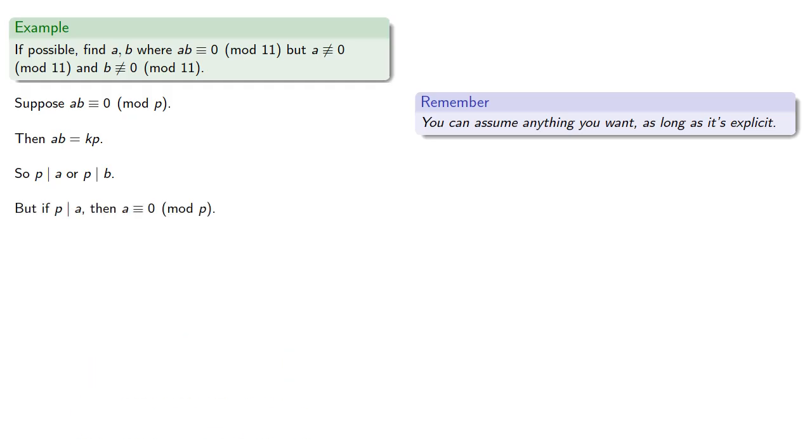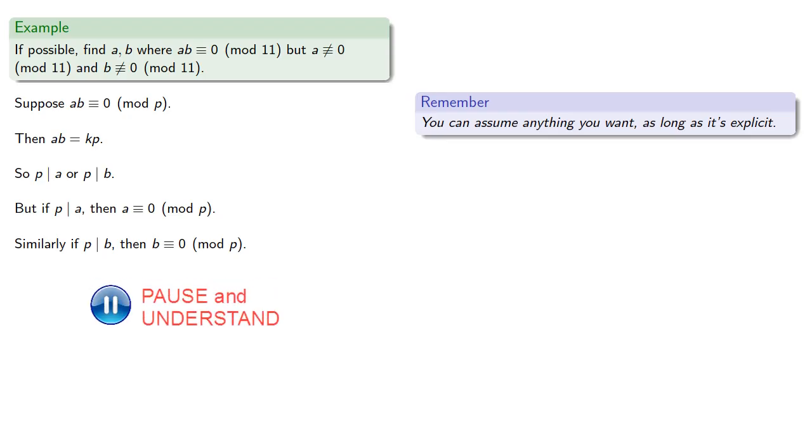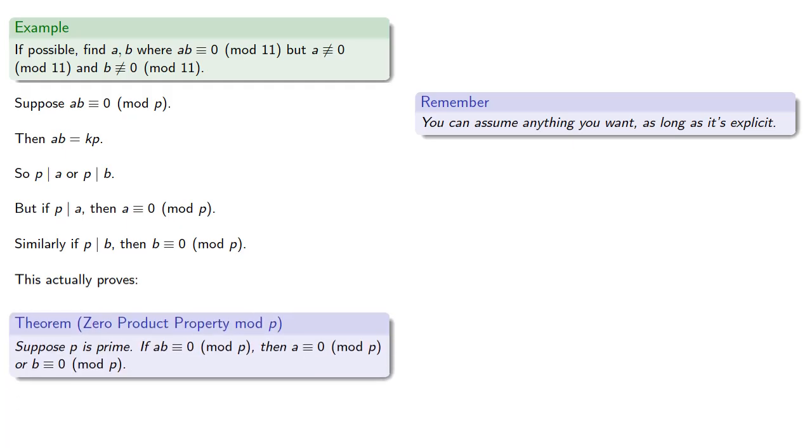But if p divides a, then a is congruent to 0. And if p divides b, then b is congruent to 0. And so this actually proves the zero product property mod p. If p is prime and the product is 0, then one of the factors must be 0.